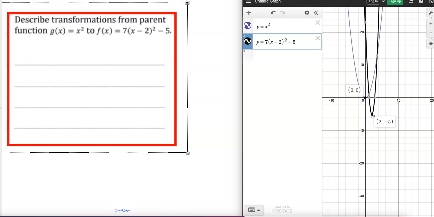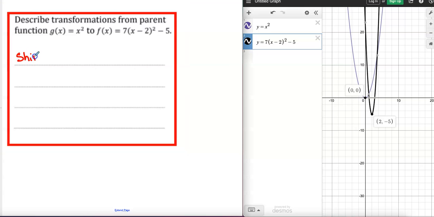So I automatically see a shift left or shift right. I'm going to say shift right. Five, right? Is that right? No, shift right 2. And then it also shifts down.